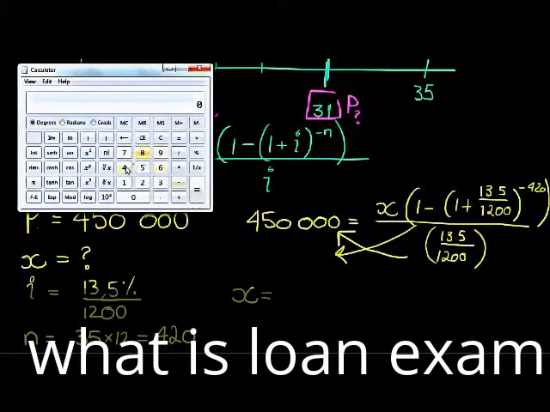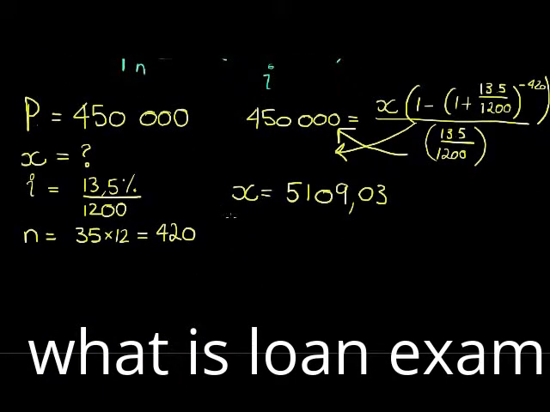So I have 450,000 multiplied by the denominator, which is 13.5 divided by 1200, and divided by that top bracket, which is 1 minus, in brackets, 1 plus 13.5 divided by 1200, with an exponent of negative 420. Close my top bracket, and that gives me an answer of 5,109 Rand and 3 cents.